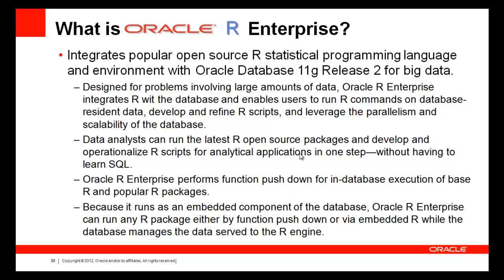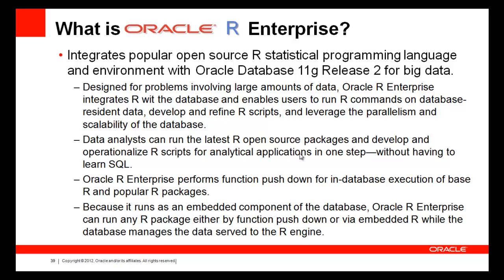The data analyst can run their latest R open source package and develop and operationalize R scripts without having to learn SQL, and then Oracle R Enterprise looks at those R scripts. It does what's called an R to SQL transparency layer conversion of that R script into SQL, and it executes that same R intention natively inside the database because it matches up and function pushes down the R script to native SQL.